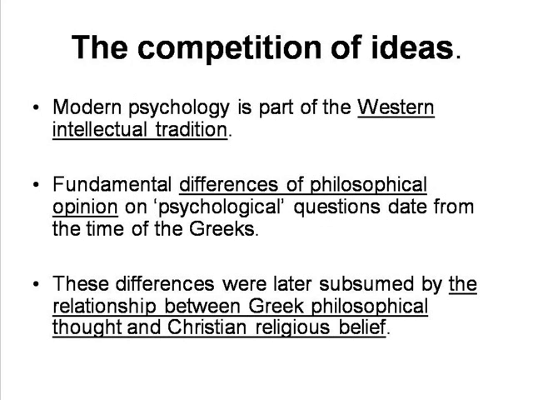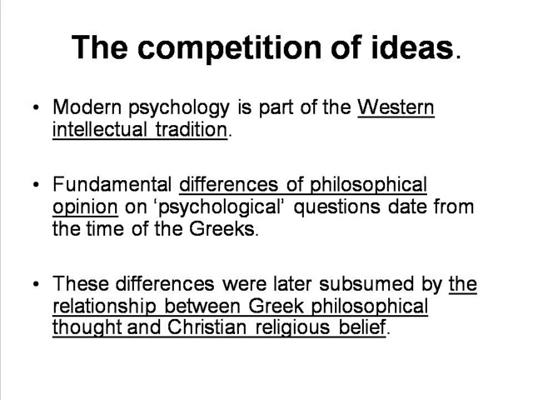Modern psychology emerged as part of the Western intellectual tradition, and as such has been impacted by deep-rooted philosophical divisions. These divisions are evident in Greek philosophy, with fundamentally different understandings of the nature of being and of the means by which human beings come to understand the world in which they live. That is, questions of ontology and epistemology.